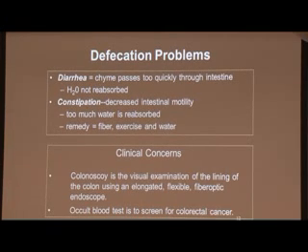And then in the small and large intestine, the peristaltic movements are limited. So we begin to slow down this process, and we absorb way too much water, so the feces becomes more semi-solid and hard.